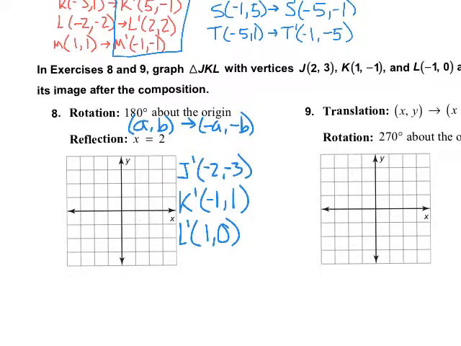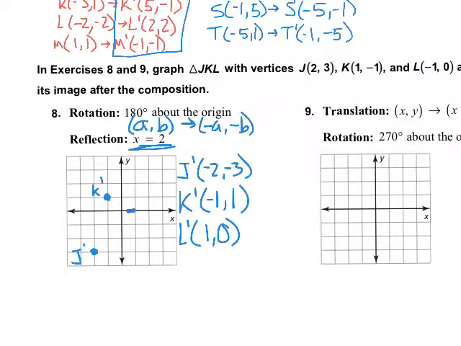And then I need to do the reflection across x equals 2. So I'm going to go ahead and graph the prime shape and then reflect it across x equals 2. So negative 2, negative 3. There's my J prime. Negative 1 comma 1. There's my K prime, and then 1 comma 0.